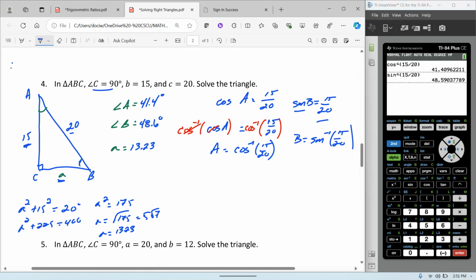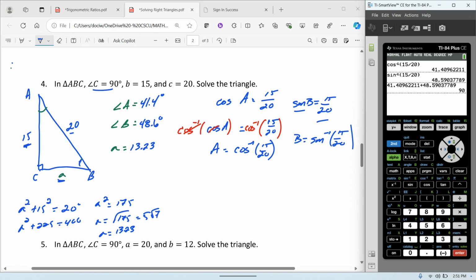And actually, that's how I would solve that triangle. I would use cosine A is 15 over 20 and sine B is 15 over 20. And if you wanted to check it out, you do know that angle A plus angle B has to equal 90 degrees, and you can verify that there you are.